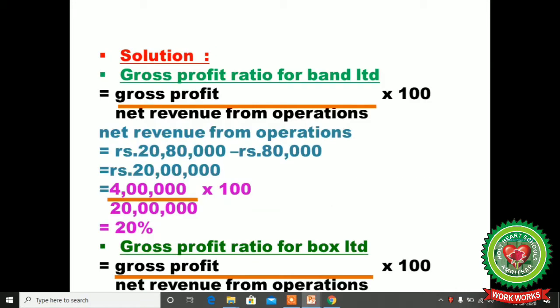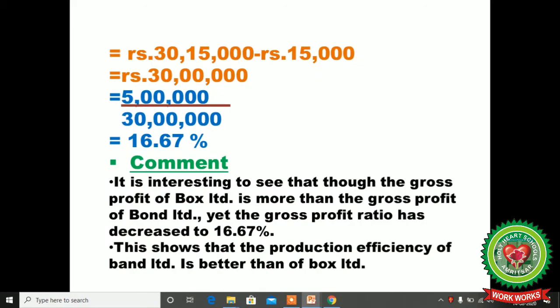Which company's profit is more? It is interesting to see that the gross profit of Box Limited is more than the gross profit of Band Limited, yet the gross profit ratio has decreased to 16.67. This shows that the production efficiency of Band Limited is better than Box Limited.